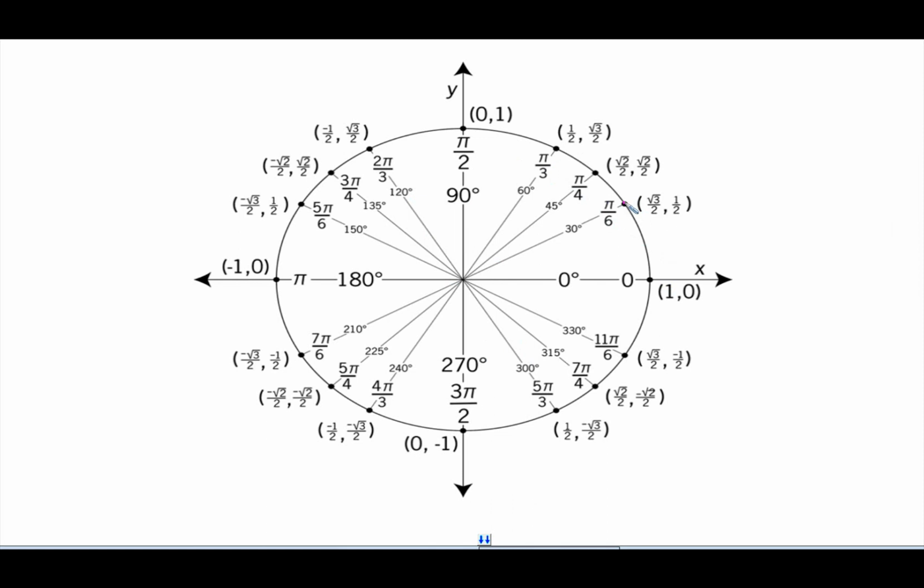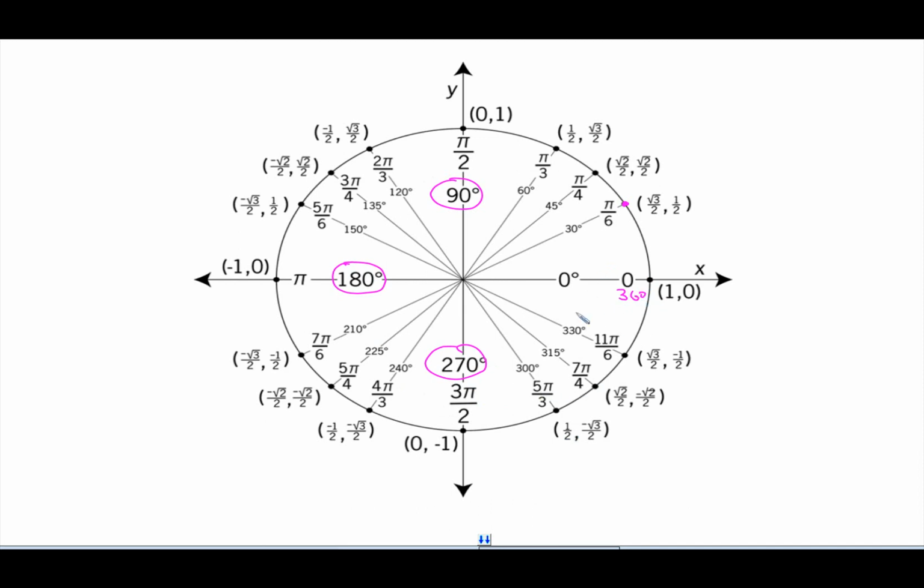So you're going to learn where these coordinates right here come from, or how they come about. Some really important values to remember are 90 degrees, 180 degrees, 270, and going all the way around is 360. When you go all the way around the circle, that's 360 degrees.